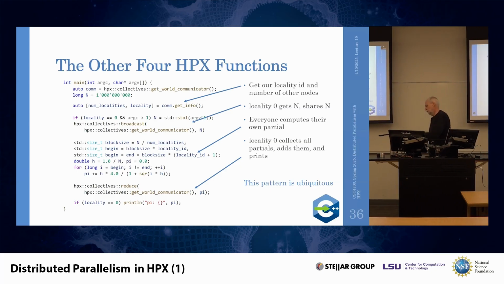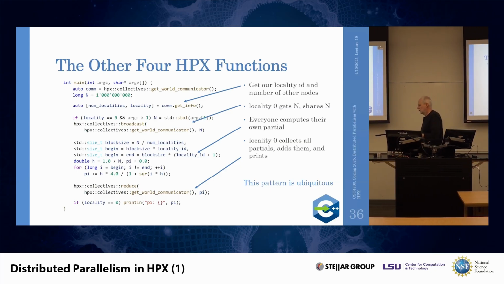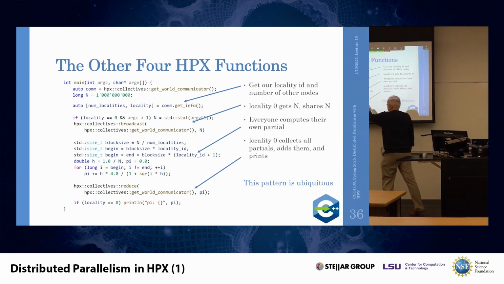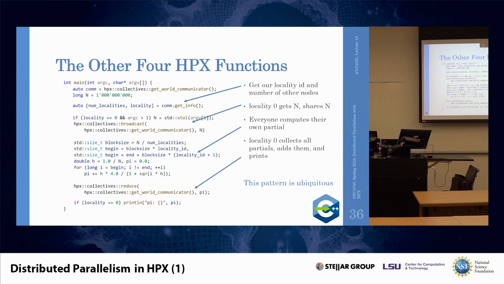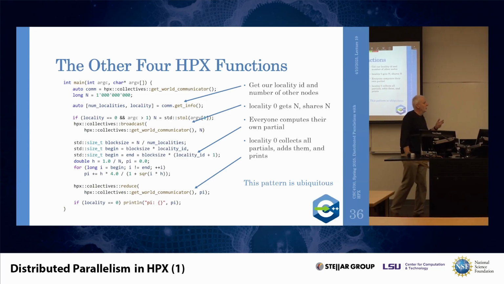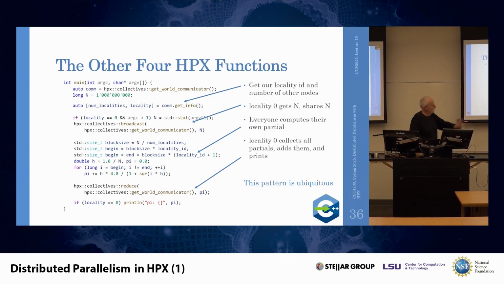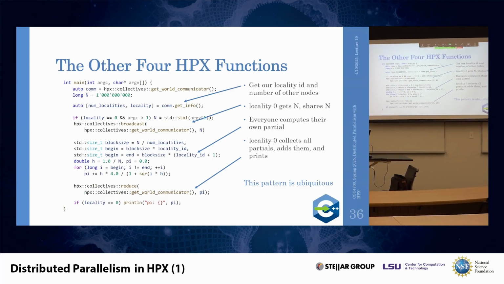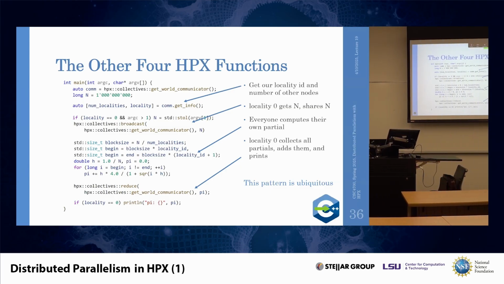Sometimes you just want to send a single value to another locality so that the other locality can do things. Or you can use a reduction operation or broadcast operation, or there are other collective operations we will talk about next time that allow you to orchestrate communication on the whole set, on all localities, because all of them need to contribute or participate in a particular operation.